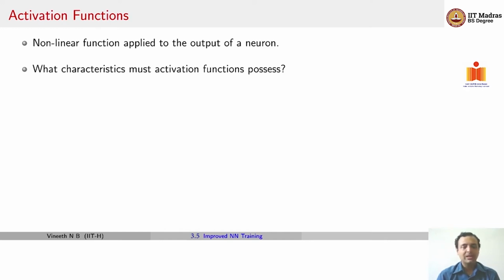We know now that an activation function is a nonlinear function that's applied to the output of every neuron in your neural network. Traditionally, people use the same activation function for the entire neural network or at least a layer. Why do you do this? Why can't you change the activation function for every neuron in the neural network? The simple reason for this is to keep things less complex.